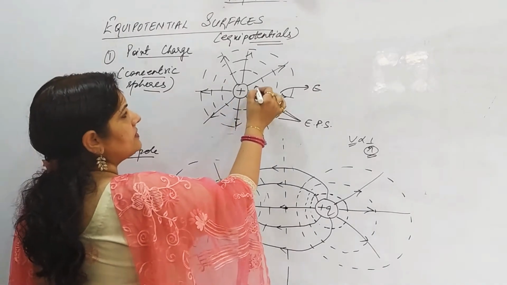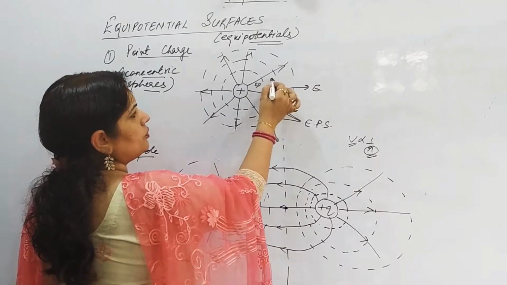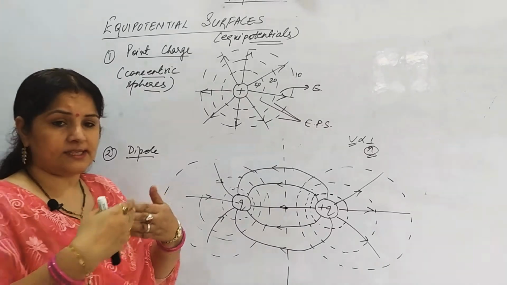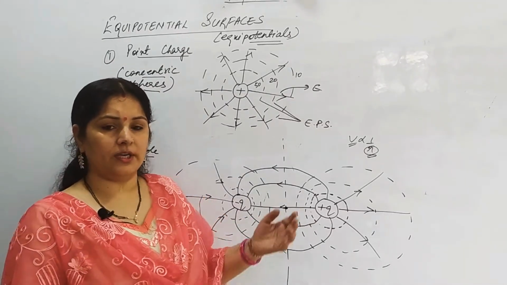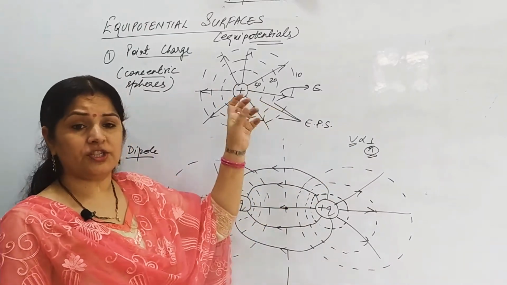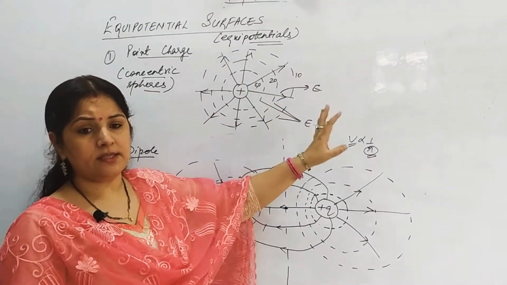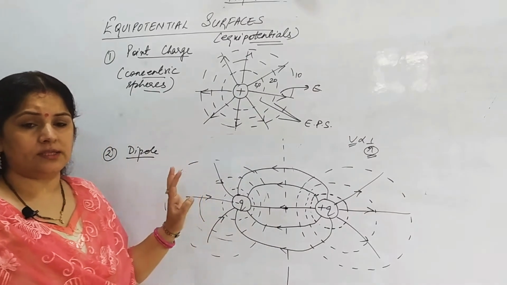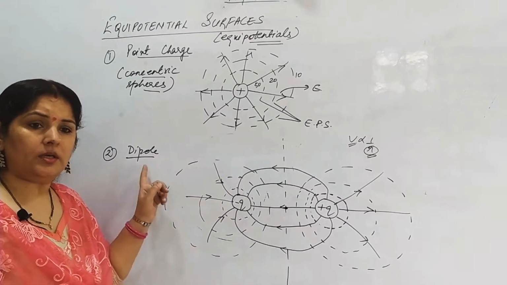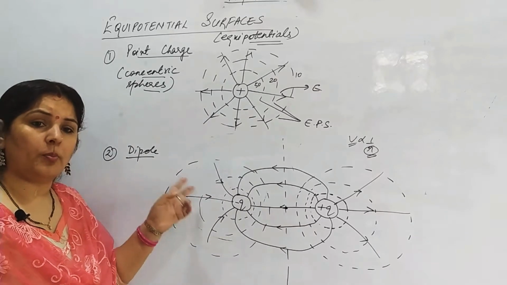So if this is say 50 volt, this would be 20 volt, this would be 10 volt and so on, not lesser to higher. Thank you Gagnesh for the same. So at a smaller distance the value of potential will be higher, at a higher distance the value of potential will be lesser. So that is how we draw equipotential surfaces for a dipole, equal and opposite charges.